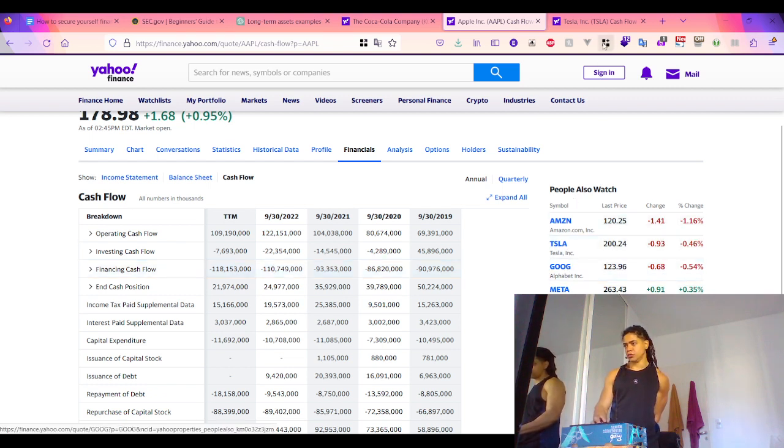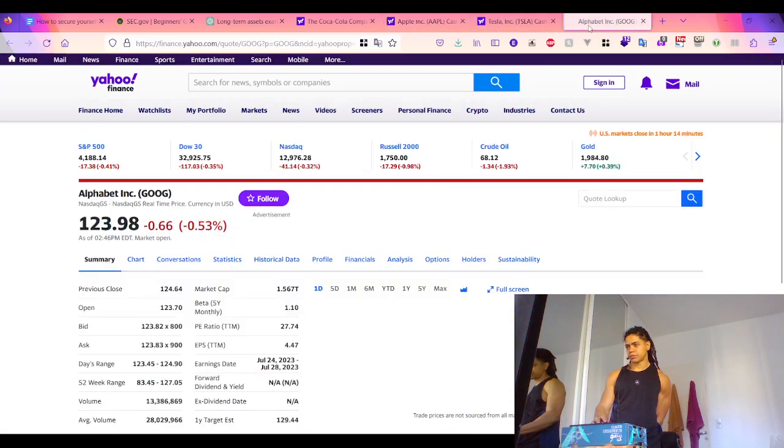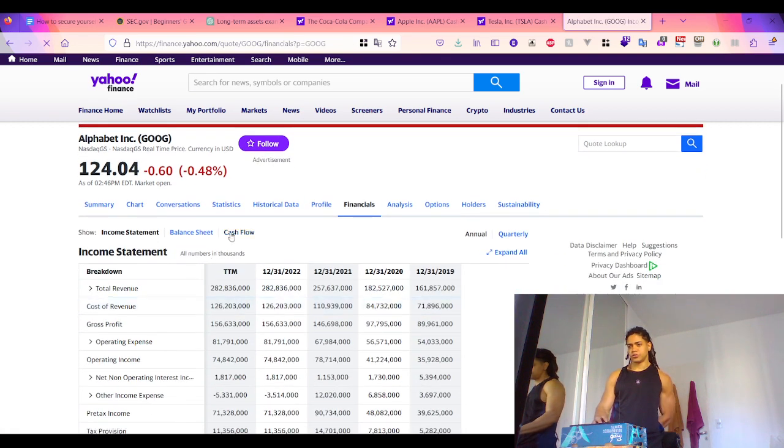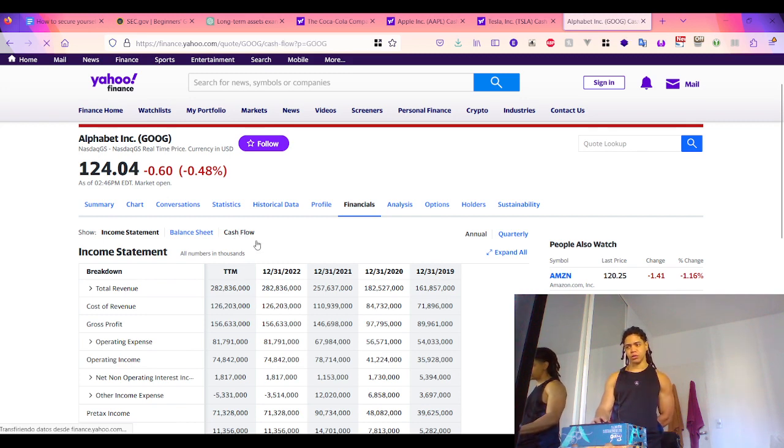What about Google? Show me the financials, please. So let me look at the cash flow. Okay, so how much money a company generates within a year, in this case annual, or it can be quarterly.